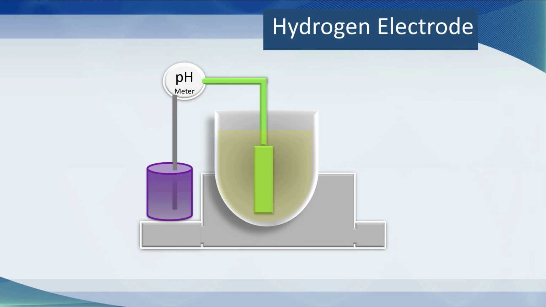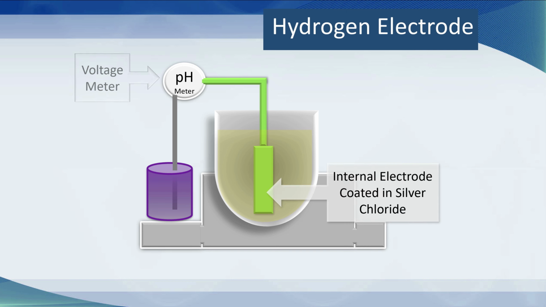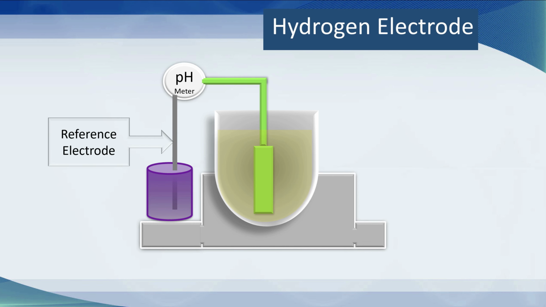Let's look at the hydrogen electrode. The first component of the hydrogen electrode, or the pH meter, is a voltage meter that measures changes in electrical charge. To this is connected 2 electrodes. The first is a pH sensing glass electrode, and the other is a pH independent reference electrode.